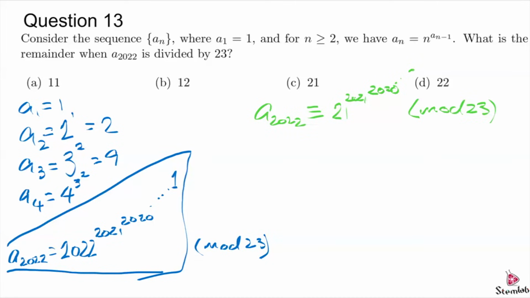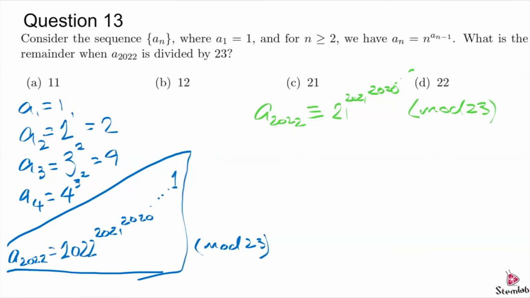So that's the first simplification we're doing. And then we know, as I said a while ago, that since 23 is prime, whatever number that is, raised to the 22 is congruent to 1 mod 23.